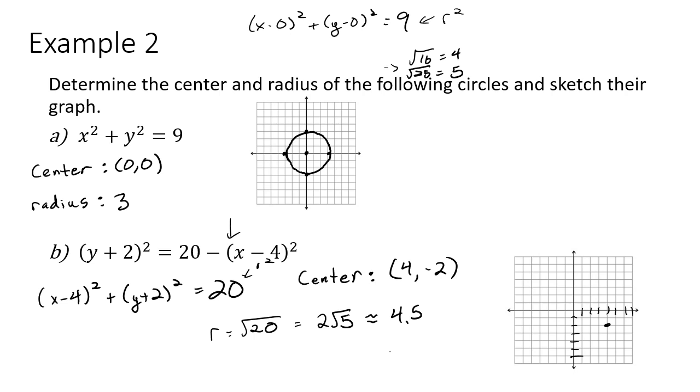Now I'm probably going to go a little bit off of my guide over here, but that's okay. So if I go 4.5 to the left, 1, 2, 3, 4.5, 4.5 up, 1, 2, 3, 4.5, 1, 2, 3, 4.5, and then 1, 2, 3, really guessing at this point, 4.5.